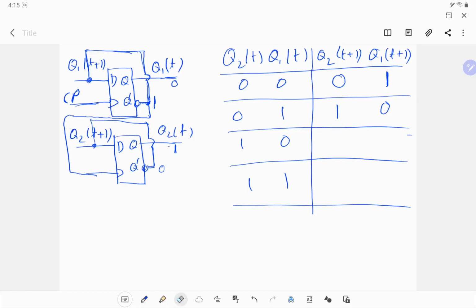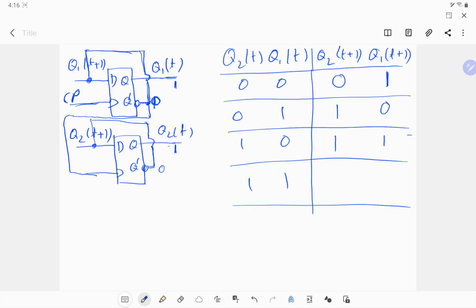So Q1 is changed to 1, and this becomes 0. The clock pulse for the second flip-flop goes from 1 to 0, so it doesn't get triggered, and it doesn't change.